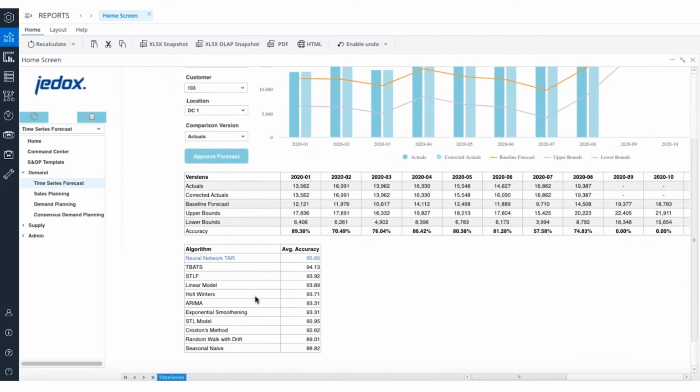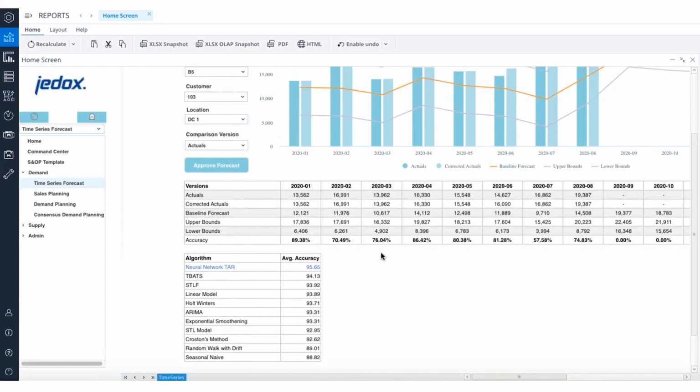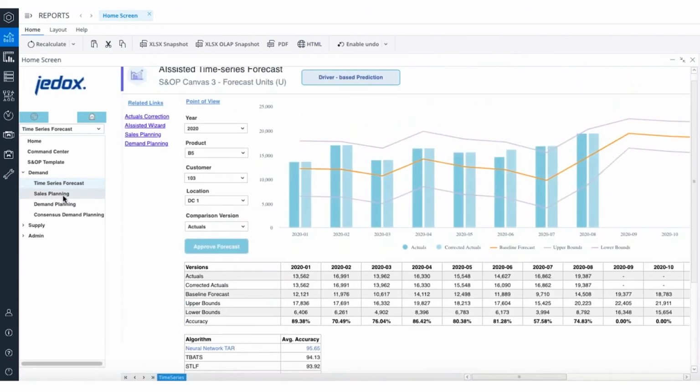It applies them and tries to predict a future which is basically actuals, but it tries to forecast what is known from what is partly known, and then it picks the algorithm which has the highest accuracy. The algorithm that has the highest accuracy is picked up as the baseline forecast, and that becomes an input to the sales planning process, right? So this is in summary what we do in statistical forecasting.